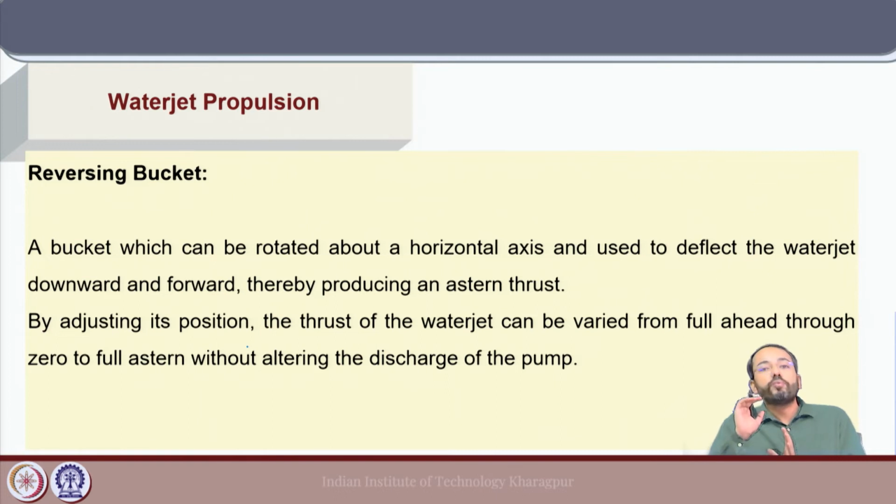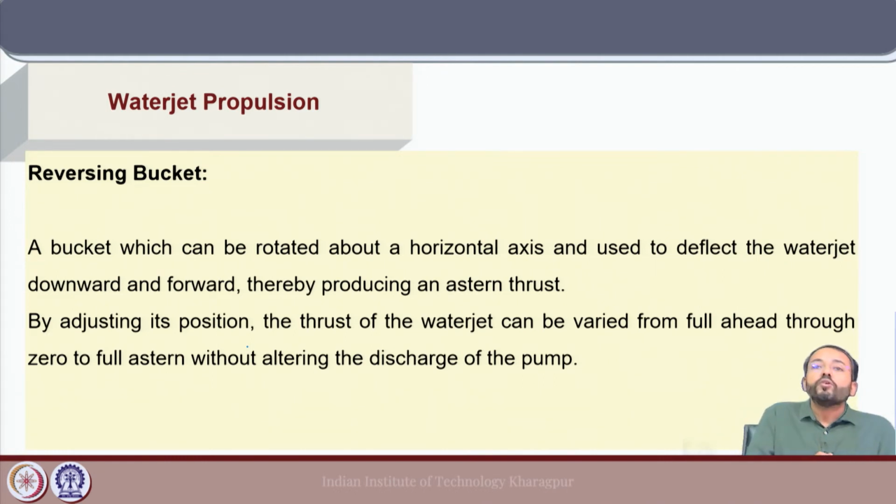For normal screw propellers, the astern motion requires the engine to be reversed, or for controllable pitch propellers the pitch can be reversed. Now, here in a water jet propulsion system, just by operating the reversing bucket, the thrust can be directed in such a way that the full ahead to 0 to full astern conditions can be encountered without altering the discharge of the pump.